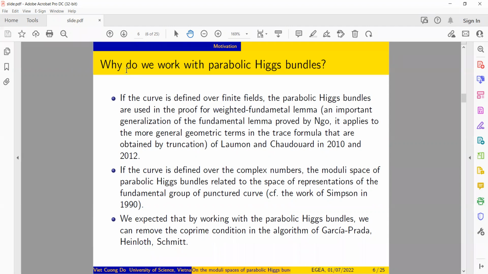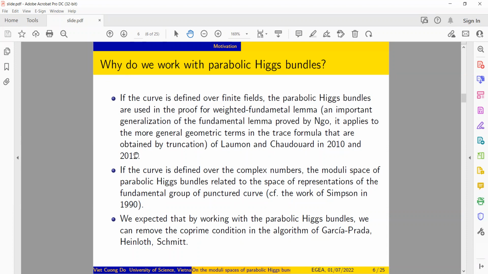But for a punctured curve, that means we remove some points, and now the curve is not proper anymore. To study the space of representations of the fundamental group of this curve, we need parabolic Higgs bundles.